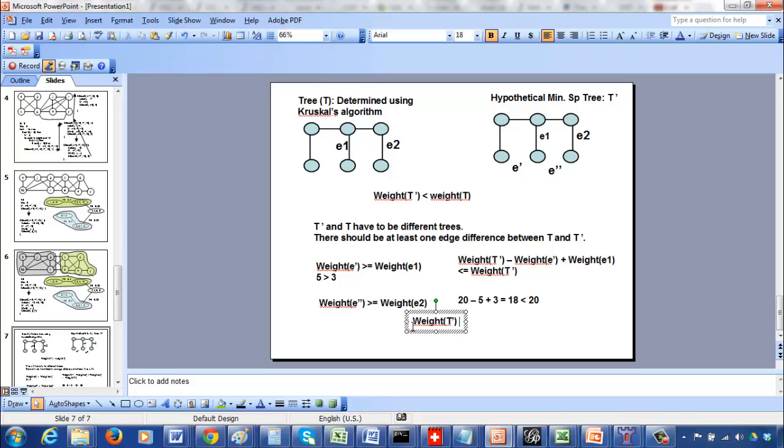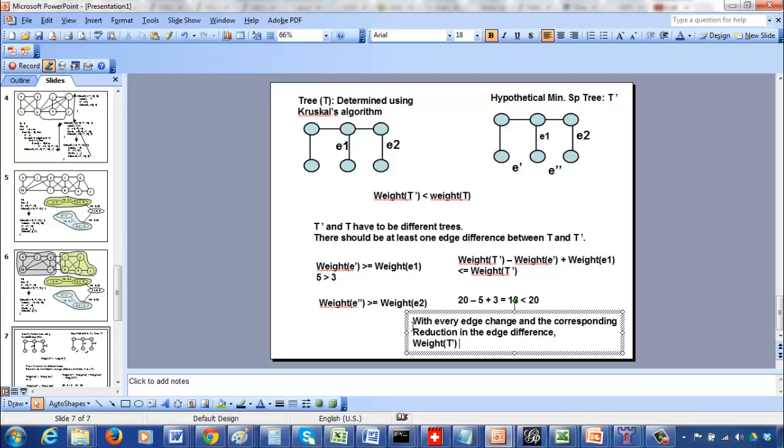approaches, with every edge change and reduction, and the corresponding reduction in what? The edge difference. Initially you have two edge differences; after doing one edge change, the edge difference reduces to 1.